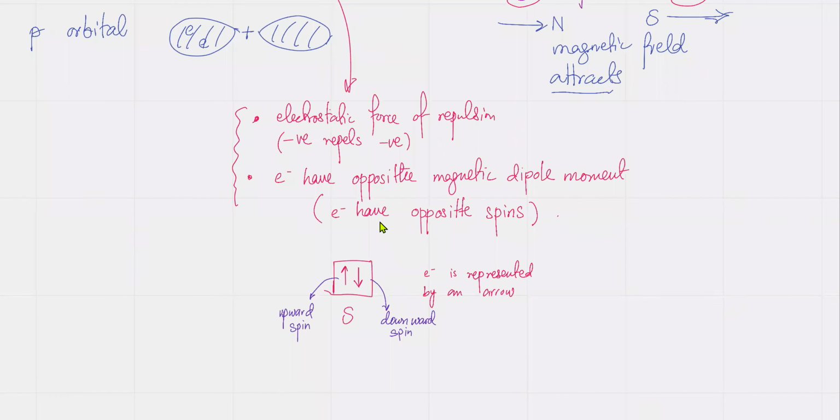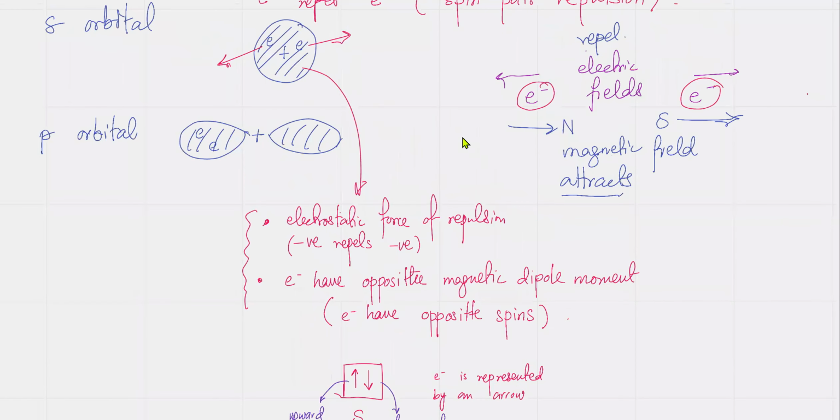So always remember that whenever you have two electrons in an orbital, the two electrons are going to have opposing magnetic fields, which is why they're going to attract. One of them is the north pole, the other one is going to be the south pole. So that is why the two electrons are going to stick together in the orbital.